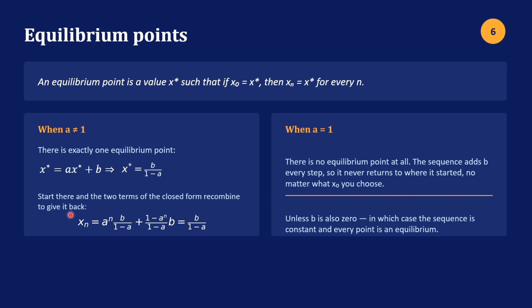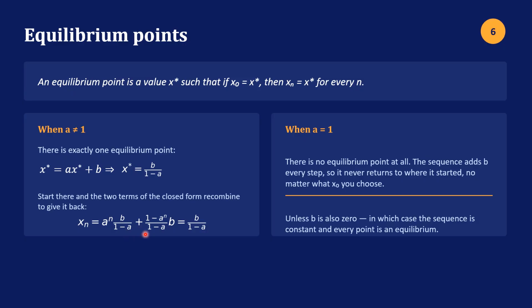We can double check that. We can put it into our formula that we solved for x sub n. We just put in this term here for x sub n minus 1, since we're looking for x sub n.